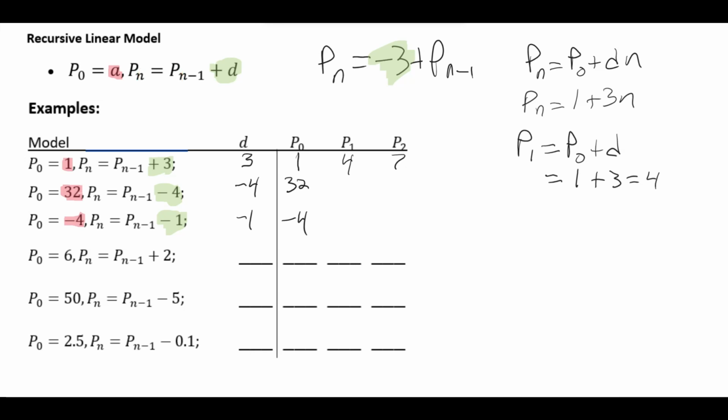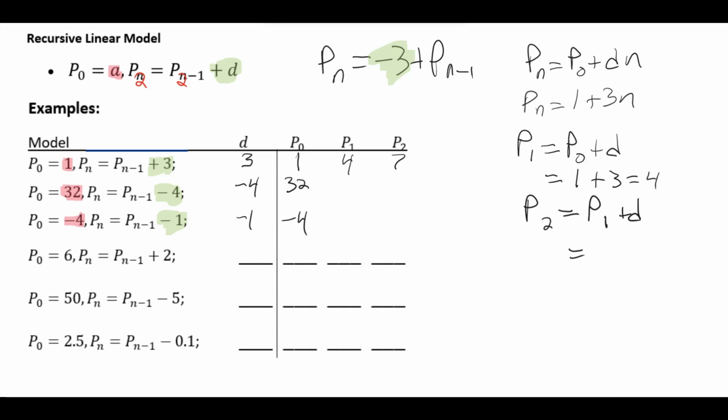Now, if I wanted to find P sub 2 in the recursive definition approach, we would plug in 2 for n, giving us this formula, P sub 2 equals P sub, now here we have 2 minus 1, that's P sub 1 plus D. We know what P sub 1 is because we just found it.